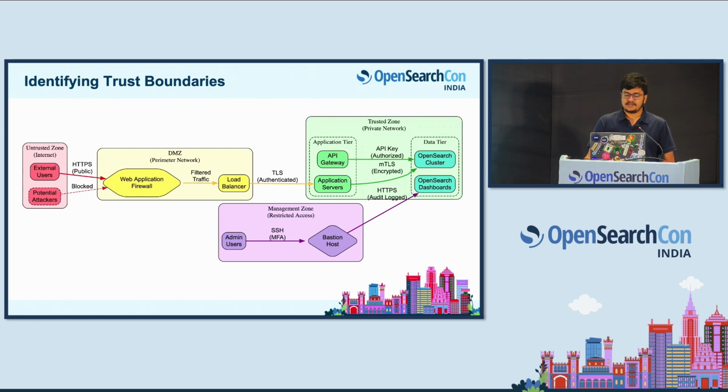So once the traffic reaches your load balancer, you'll route it to your application where your business logic runs. And let's say your business logic now relies on an OpenSearch cluster to get some data out of it to perform search. If you see here, I want to keep my OpenSearch in the most trusted network or the most private zone because that's where my data is, right?